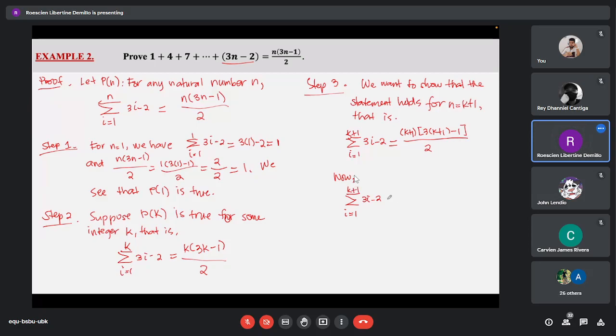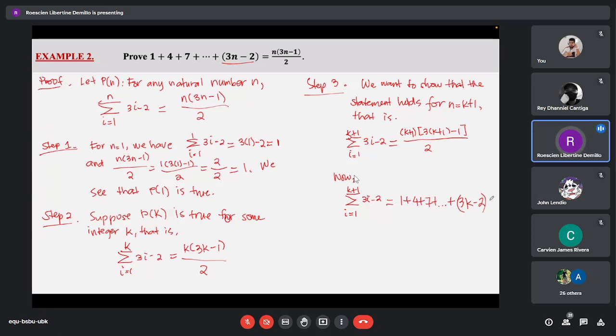So, that is just equal, if we solve this right side, class, we have 1 plus 4 plus 7 plus so on and so forth plus, supposedly, it ends in 3n minus 2. So making it k, it becomes 3k minus 2. And then, will it work if our k is k plus 1?